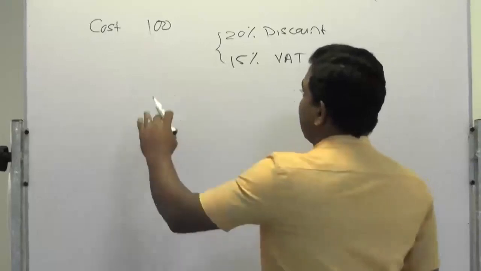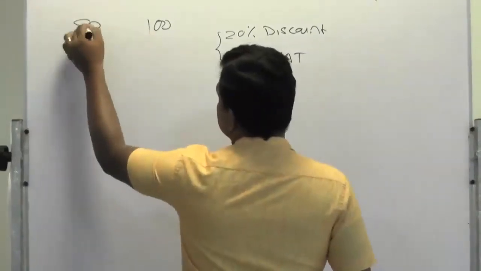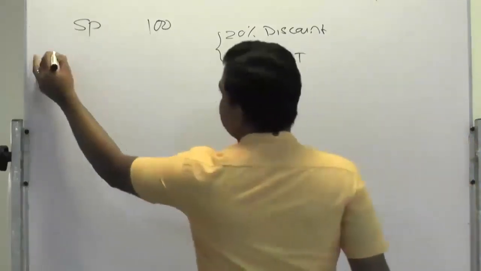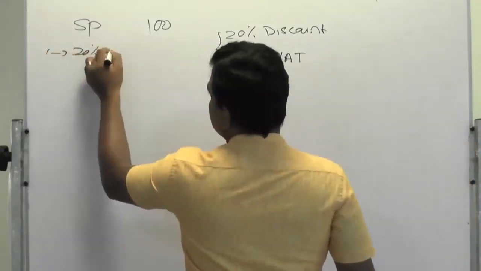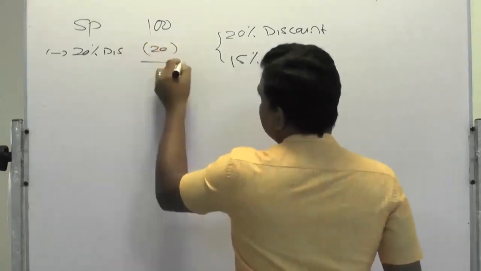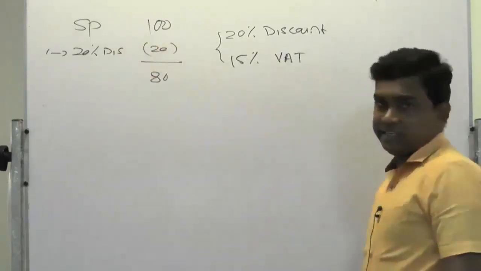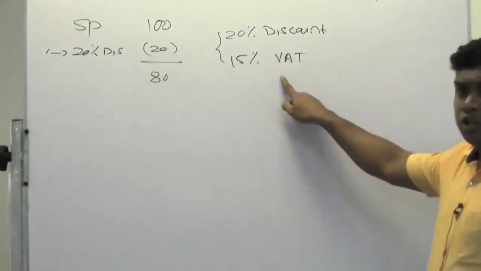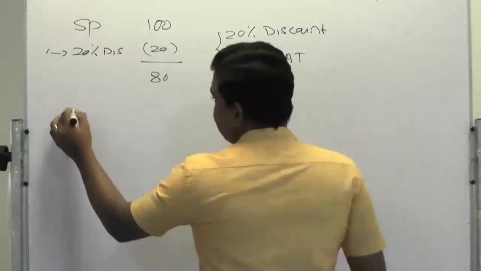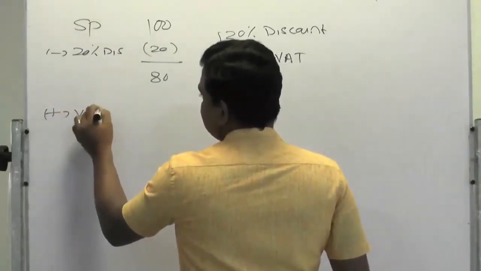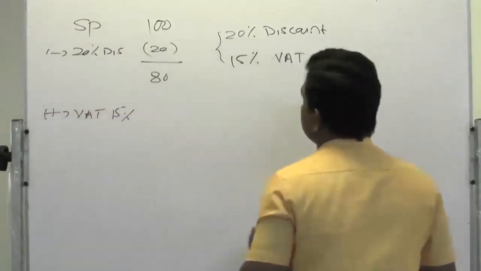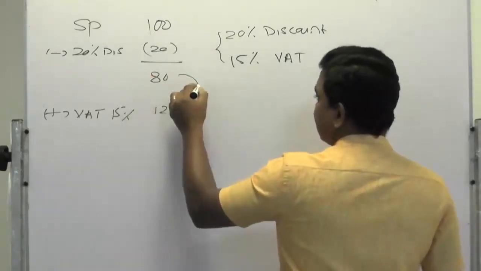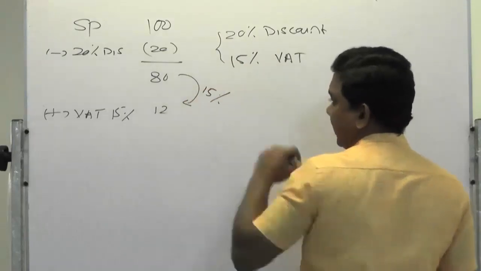Assume selling price. Now you need to give 20% discount, therefore you will deduct 20% discount, then selling price will be 80, right. Now you need to add VAT, 15% on this, that will be 12.